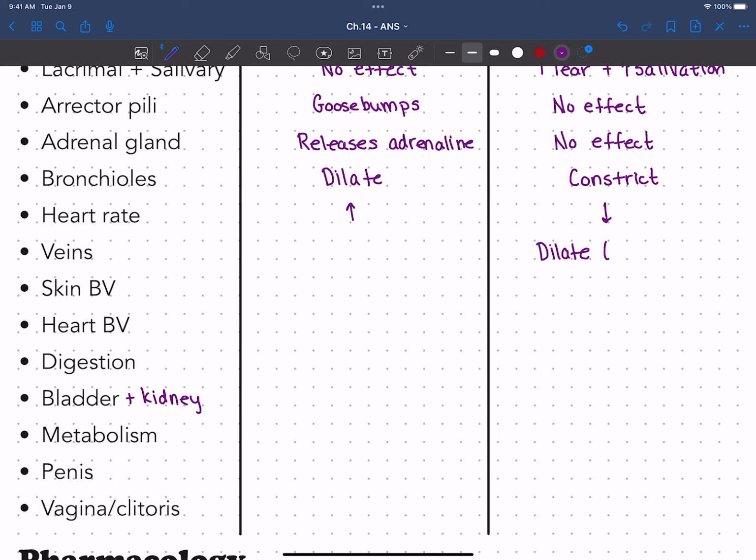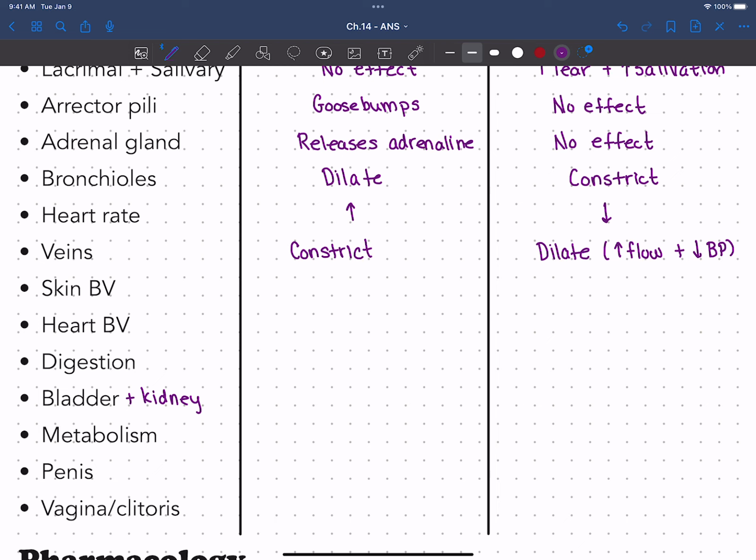And this will help to increase blood flow and decrease blood pressure, which we'll just put BP for blood pressure. And then the opposite would be true for the sympathetic nervous system. All right, so it would constrict veins, and this would increase blood pressure.